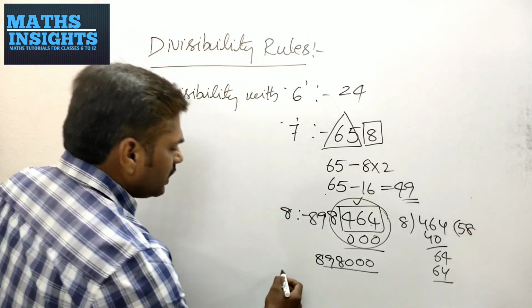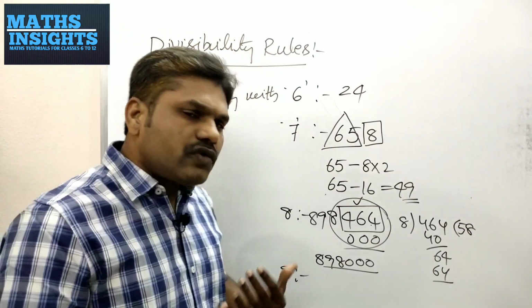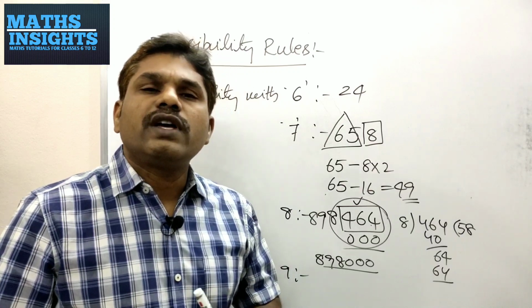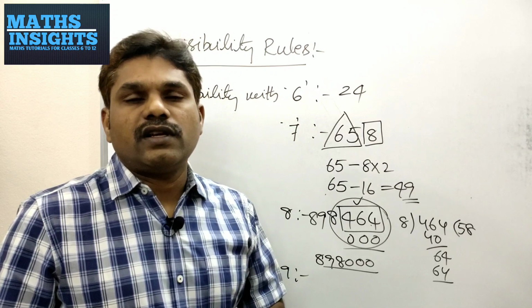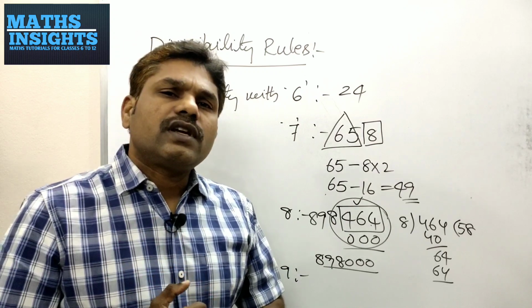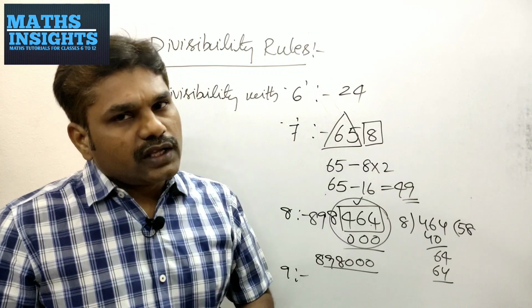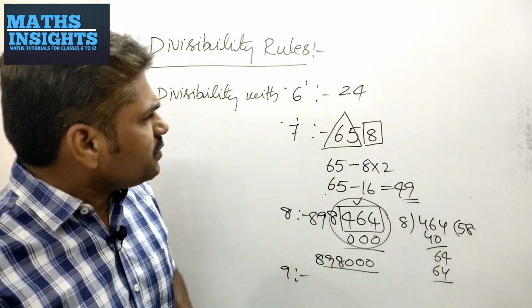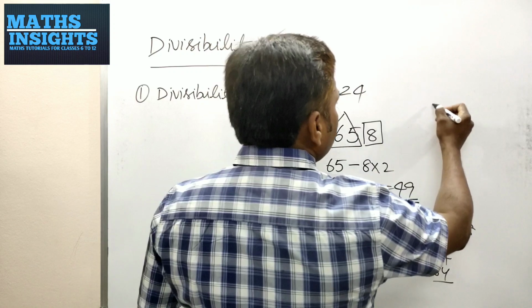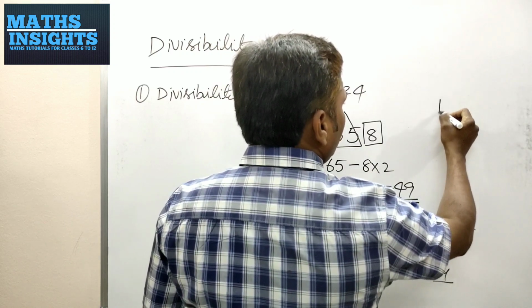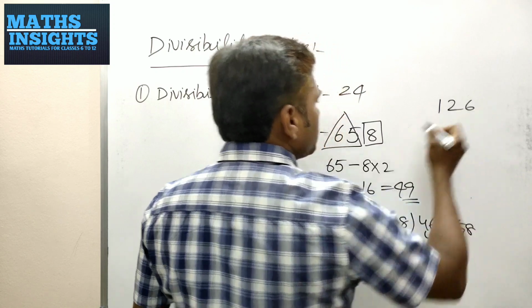Coming to the next number, 9. To check whether any number is divisible by 9 or not, you have to sum all the digits, and if the sum is divisible by 9, then the total number is divisible by 9. Suppose I take, for example, 126.